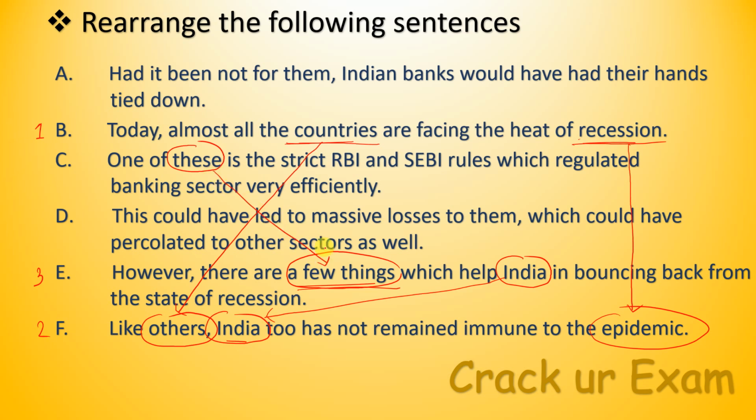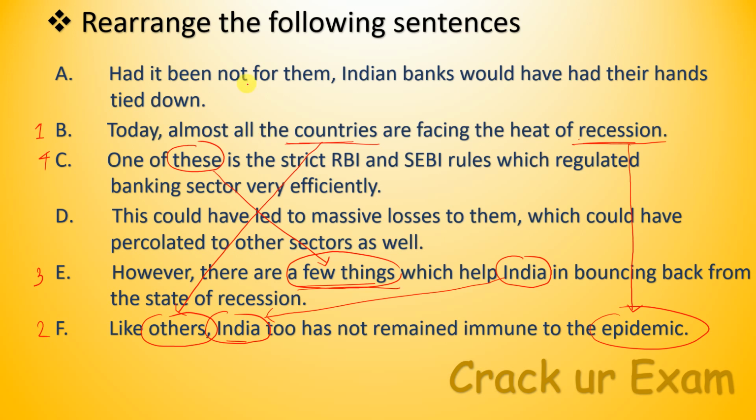One of these is the strict RBI and SEBI rules which regulate the banking sector very efficiently. So these are the things by virtue of which India bounced back. So this is your fourth sentence. So you got the link between a few things and one of these. So what are the things we are talking about? The strict guidelines and rules framed by RBI and SEBI.